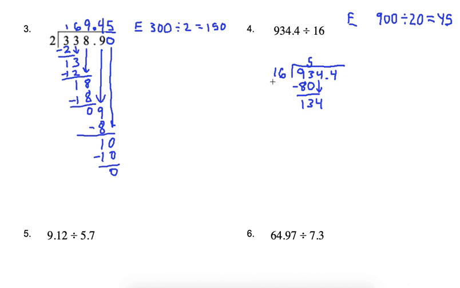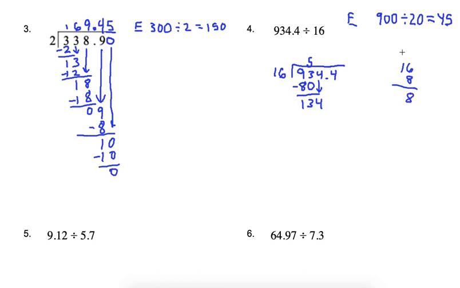So how many times is 16 going into 134? If it was 10 times, it'd be 160. I know we're basically 2 16s off of that, so I would probably imagine 8 would be a good estimate. And let's do our work over here. 16 times 8. I know 6 times 8 is 48.